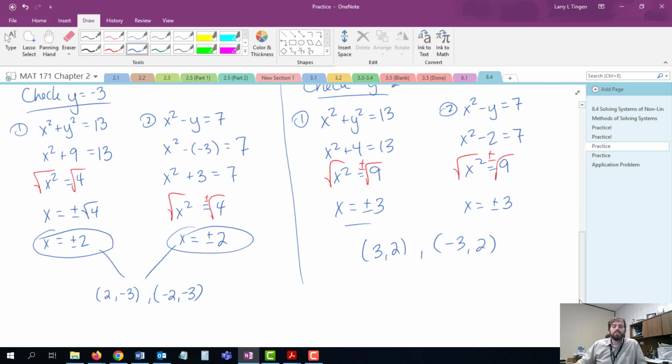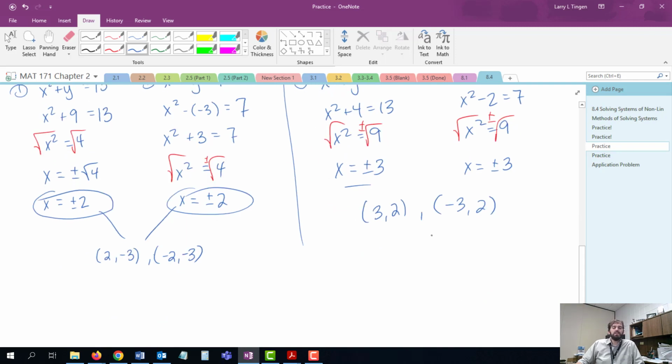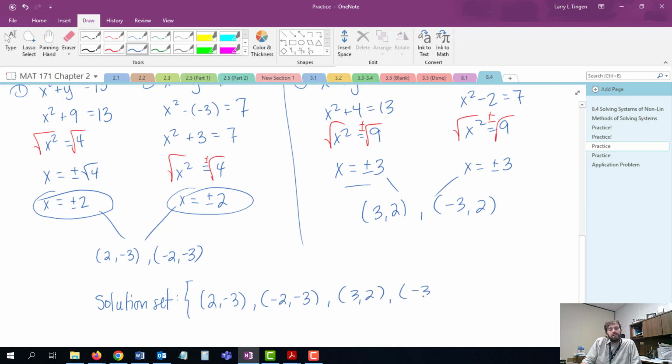So this system, instead of having 2 solutions, it actually has 4. So the solution set contains the points 2, -3, -2, -3, 3, 2, and -3, 2.